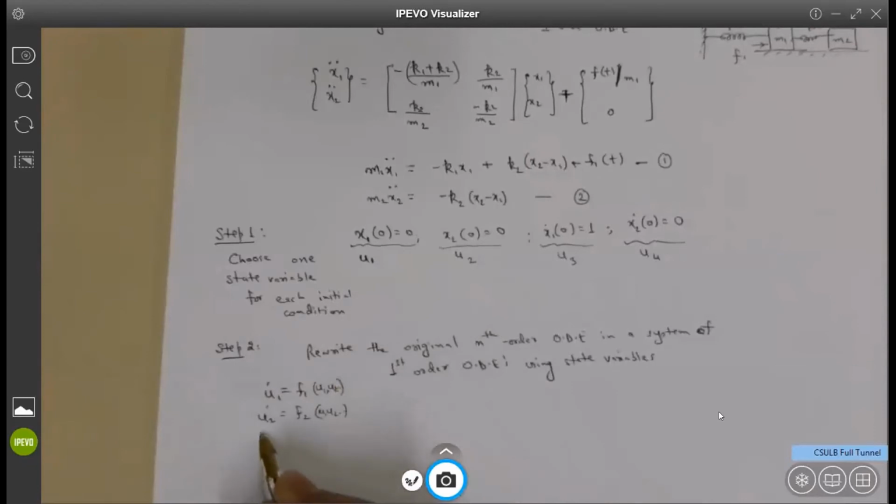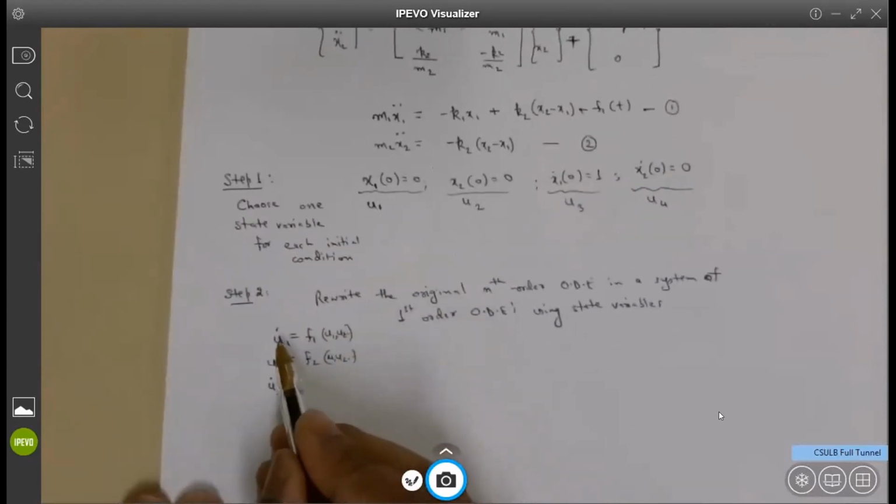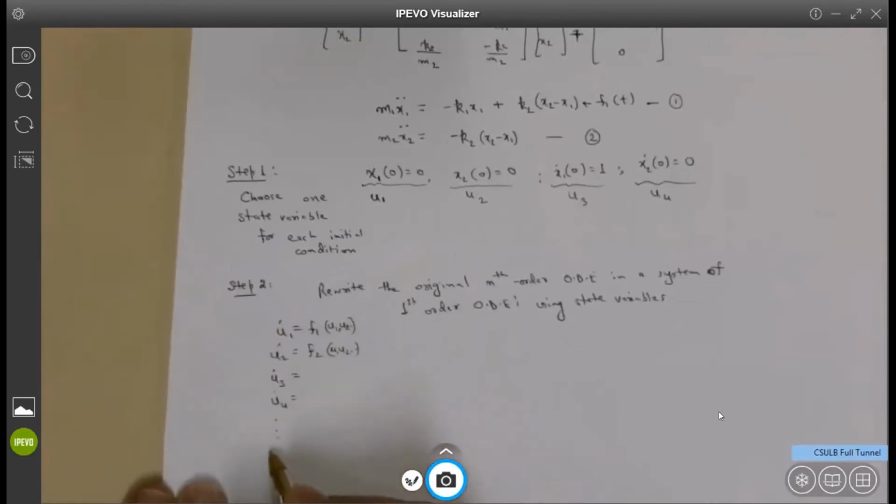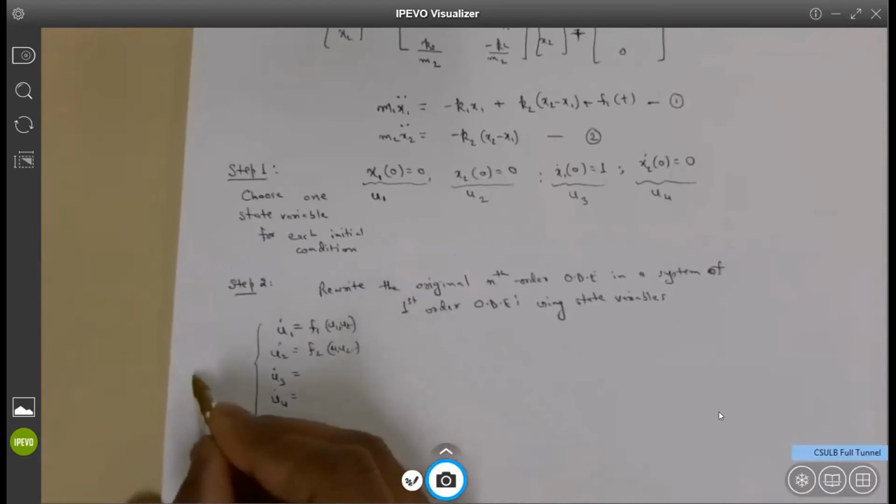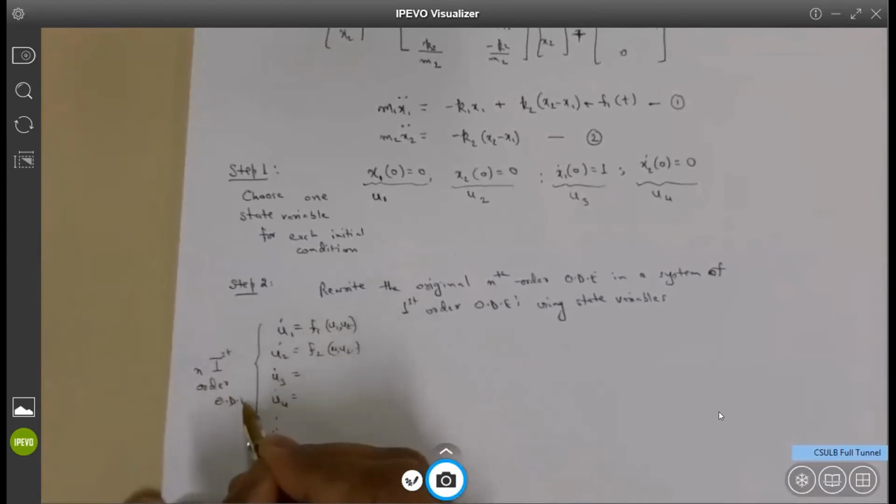We will see what parameters are, but each one of them is having only one derivative, which is the first derivative of the state variables, U3 dot, U4 dot and so on till you get UN dot, which is n first order ODEs. Now how to get that?